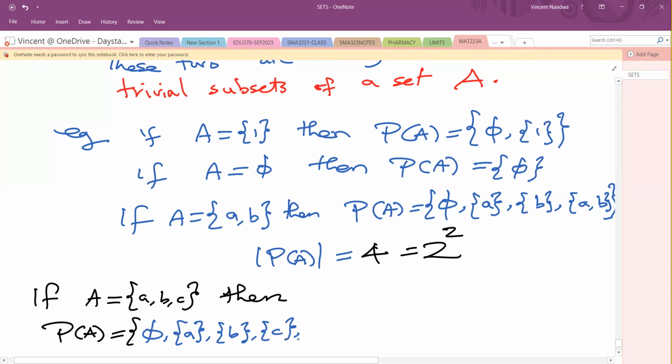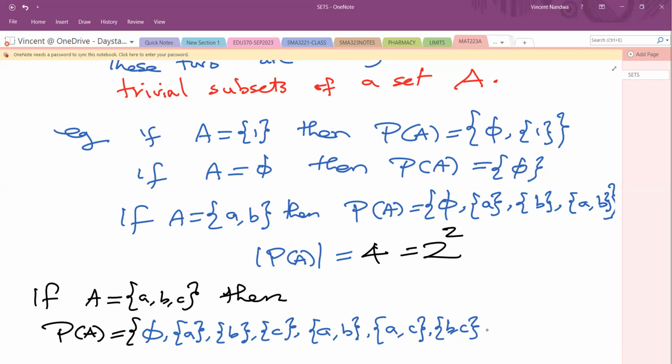Then you go to two elements at a time. The first pair will be ab, ac, bc. Is there any other apart from these three? Because if you change ba, you are defining the same set, so it will not be different, okay?